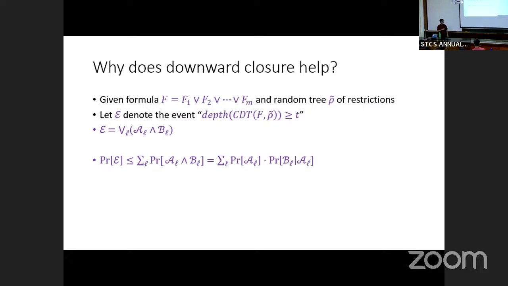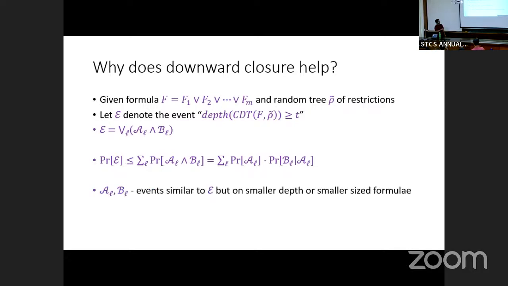And if the event also has a downward closure property, then you can just use induction. Since, like I said, this thing is actually a smaller formula, or maybe a smaller depth, or basically something that allows induction to take place. So that is why the downward closure helps.